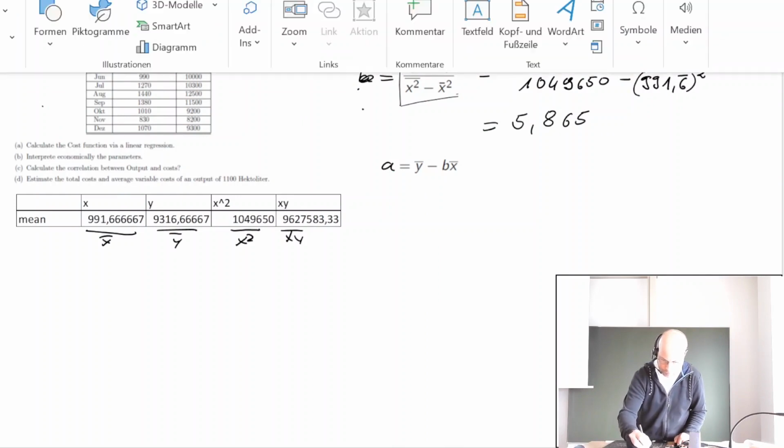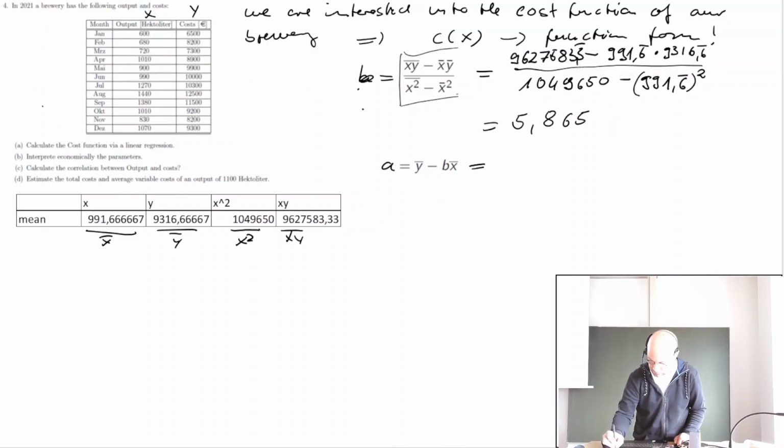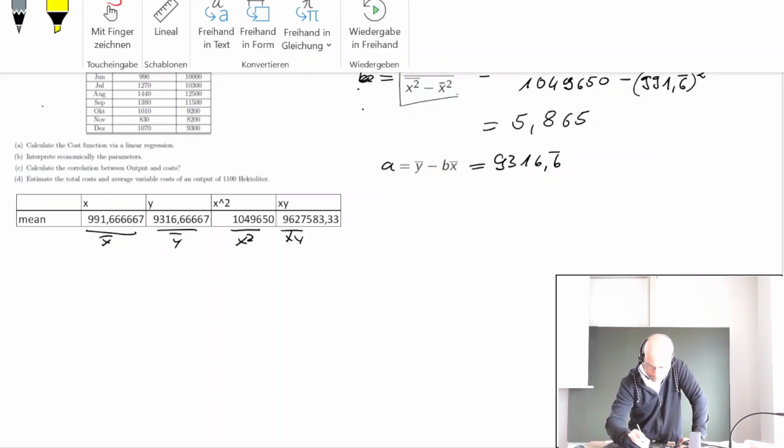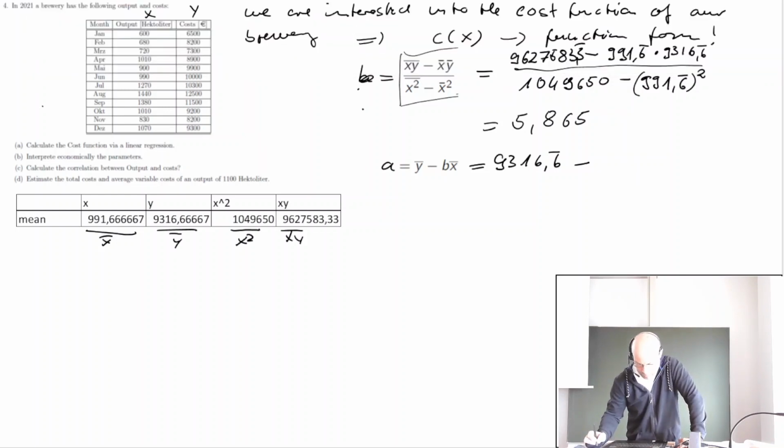So this means Y bar minus B is 5.865 times X bar 991.